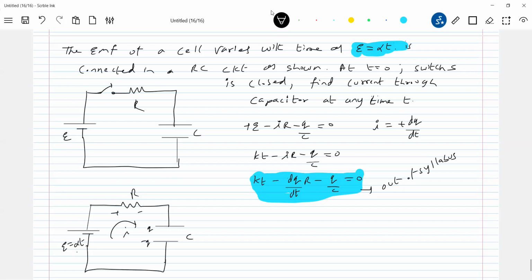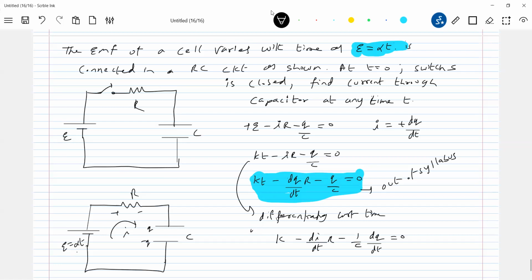Instead of going like this, I equals dq by dt, so let me differentiate this equation. Differentiating with respect to time: K minus R di by dt minus 1 by C dq by dt equals 0.